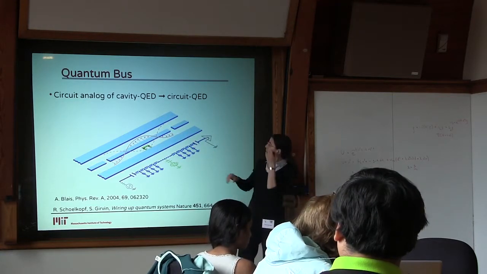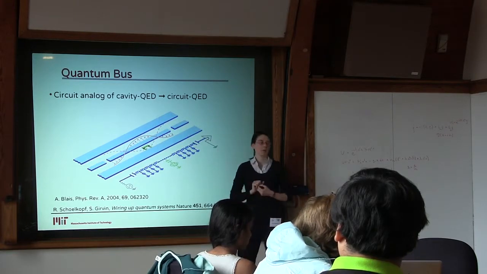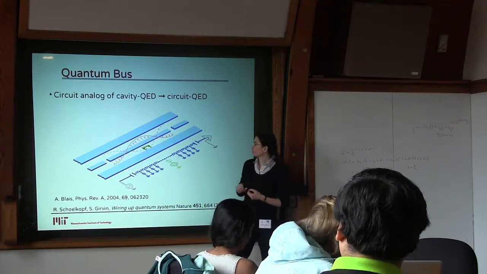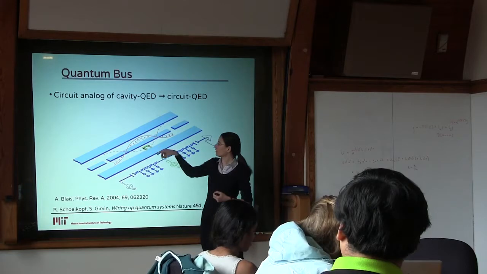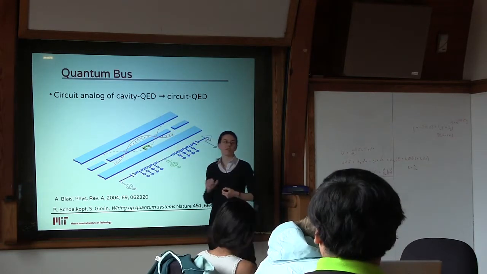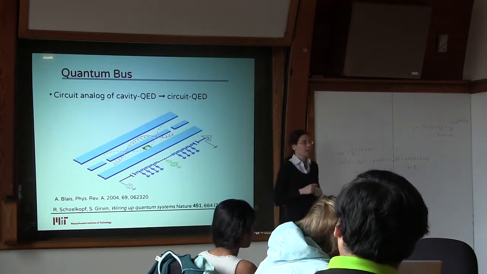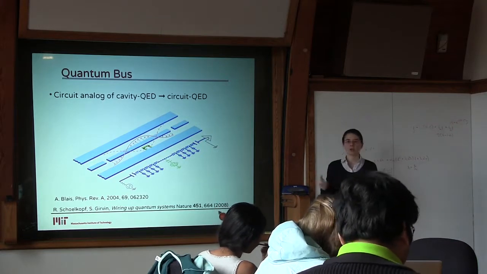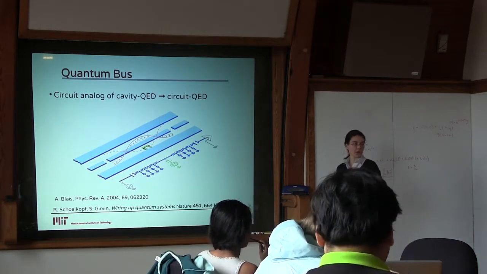So here you have a circuit QED scheme, in which you have a cavity with mirrors given by this gap, in order to contain, in this case, no longer optical photons, but a microwave photon.